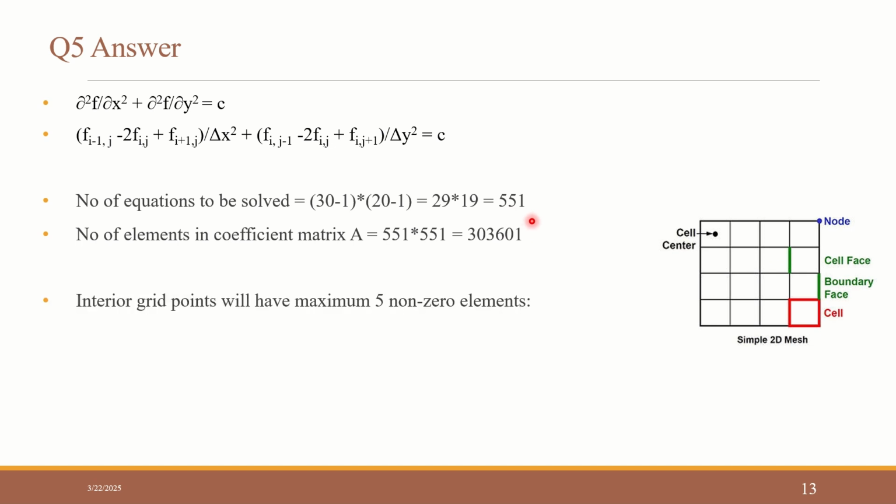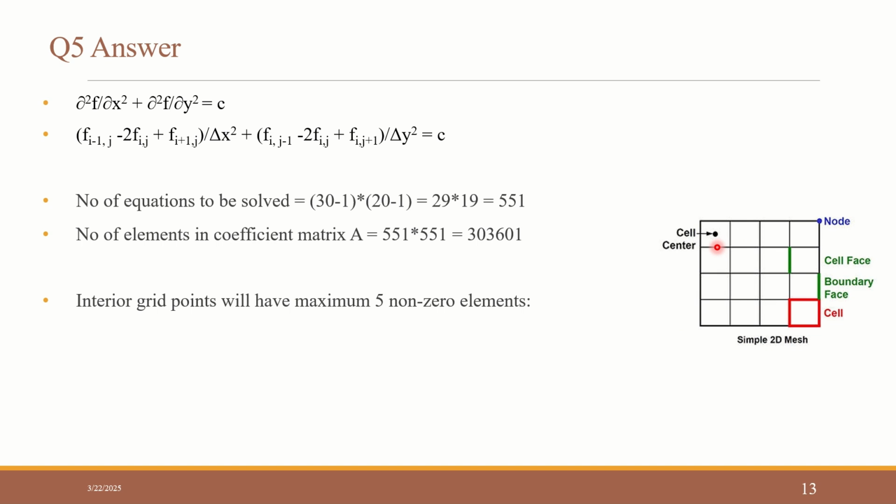So it is 3,03,601. The interior grid points will have a maximum of 5 non-zero elements. I'm talking about interior points, not the points next to the boundary. Like this is the boundary, we already left it. We are dealing with only these points, and of these I am leaving out the layer next to the boundary.